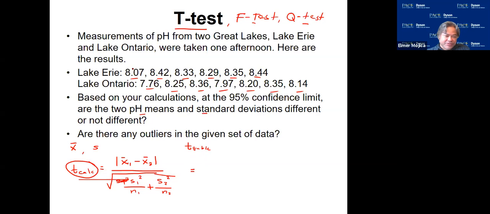So try to get the mean and the standard deviation here. You can use a calculator or Excel. You just input everything there, get the average, and then get the standard deviation.